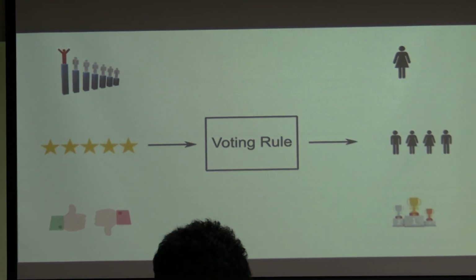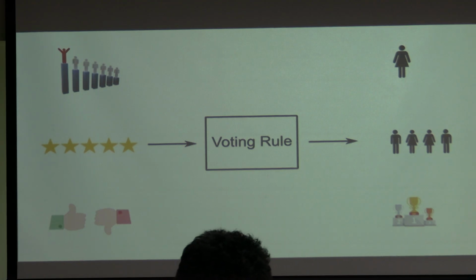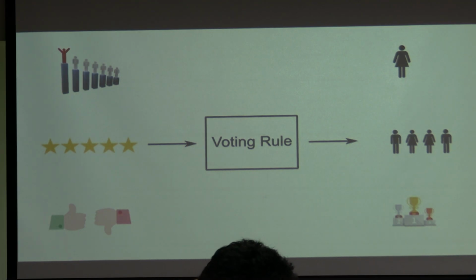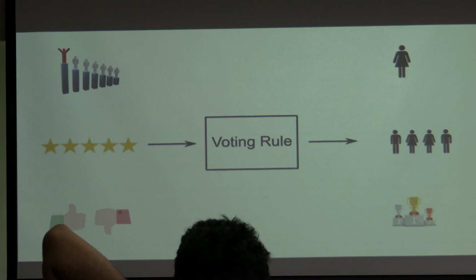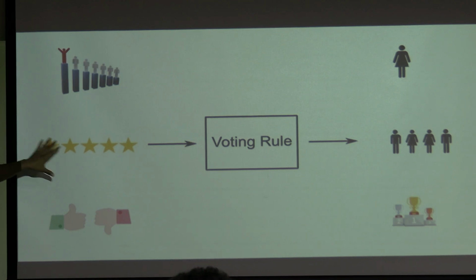Like I said, today we are just going to look at single winner rules, but voting is a much more general and much more broadly applicable problem, because when you talk about voting, the preferences could be in many different forms. For example, instead of giving rankings, the input might be in the form of ratings: 1-star candidate, 2-star candidate, 5-star candidate, and so on.